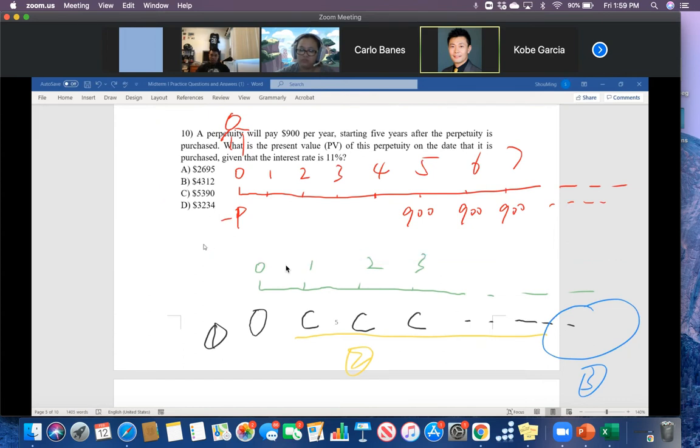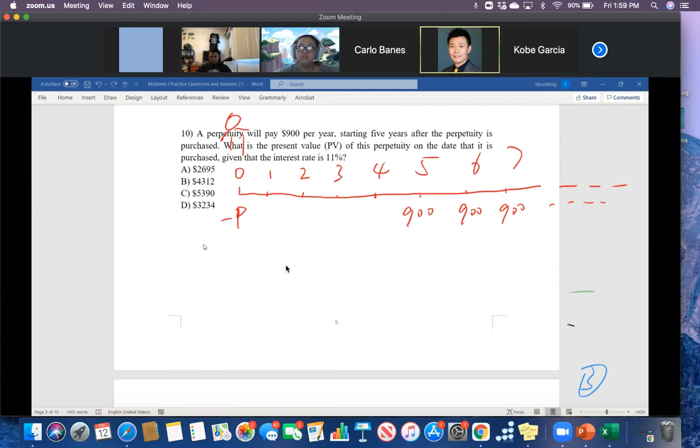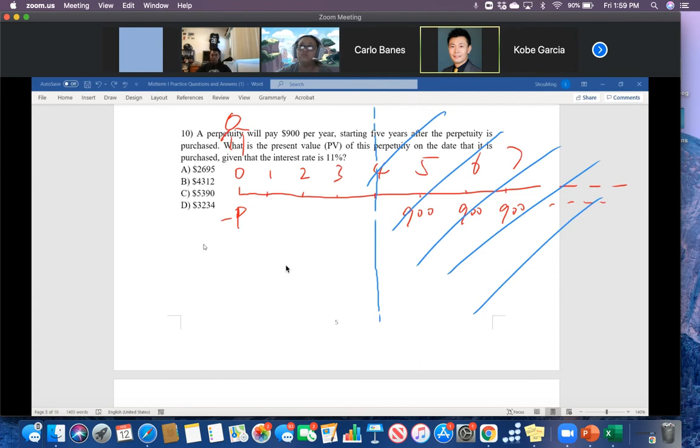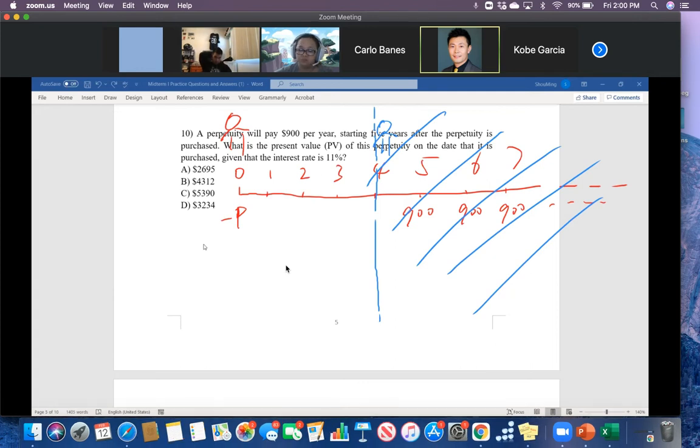Although this timeline of cash flow does not have these 3 characteristics, let's assume I cut this cash flow at year 4. Now I only look at this part of the cash flow. Let's assume you are standing here, in year 4. Then let's check whether this part of the cash flow has these 3 characteristics or not.